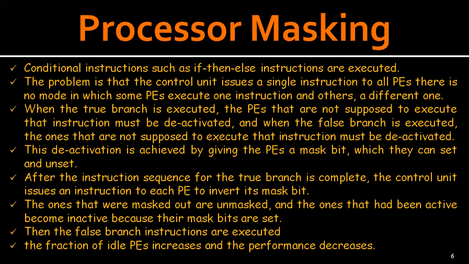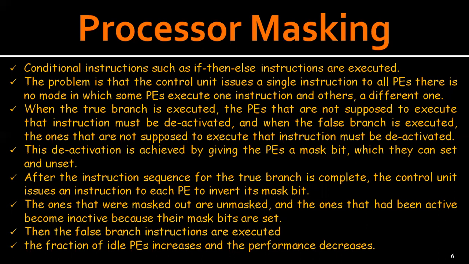Then the false branch instructions are executed, and the control unit sends an instruction to all the PEs to clear their mask bit. It should be apparent that when a program contains a large fraction of conditionally executed code, the fraction of idle PEs increases, and the performance therefore decreases.